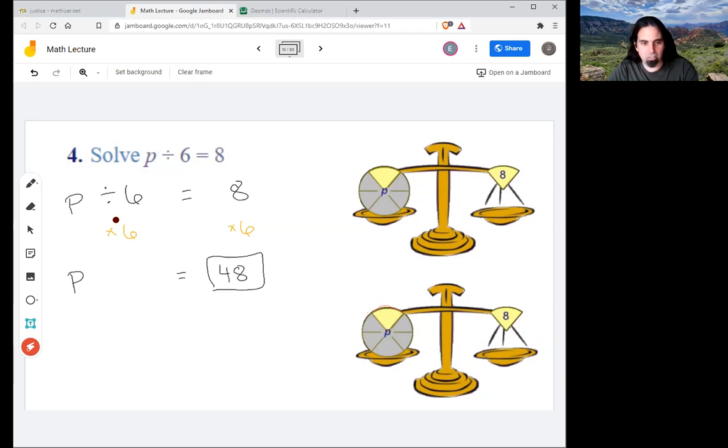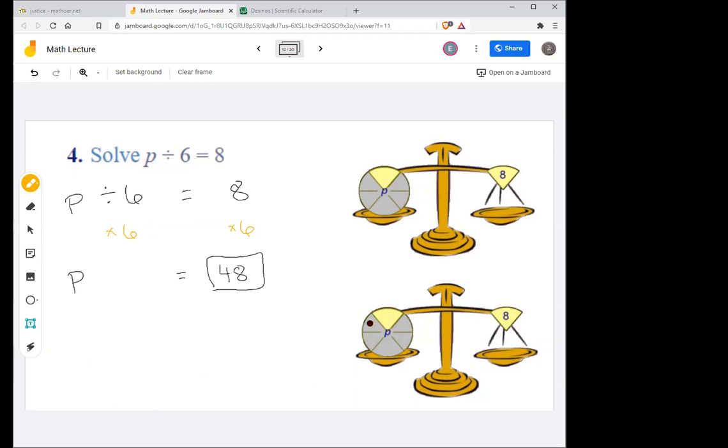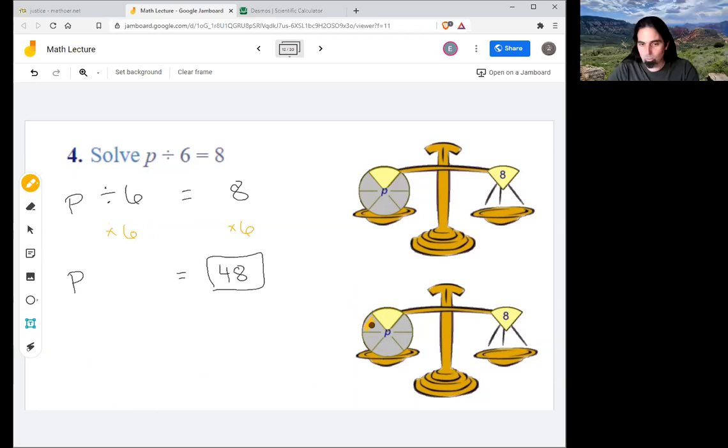So what would my slice times 6 be? Is it 6? I could put one more copy of my slice.